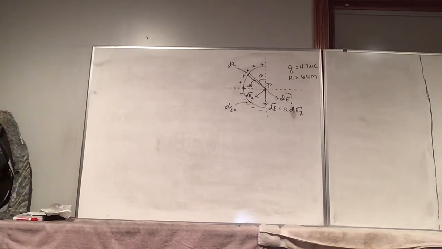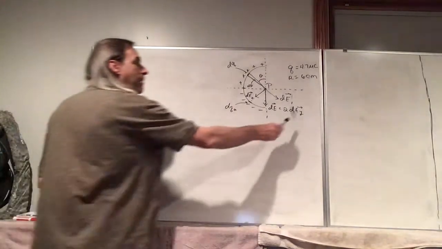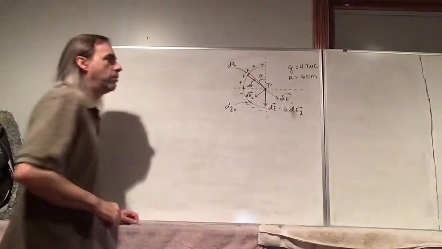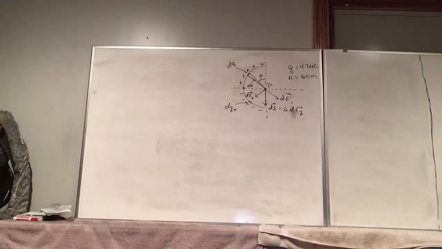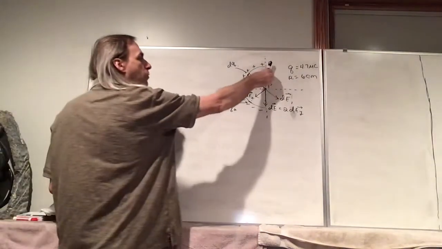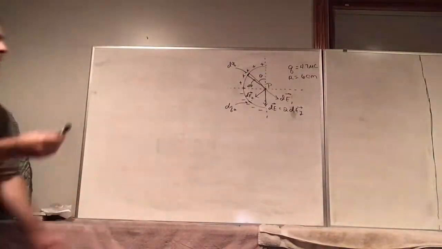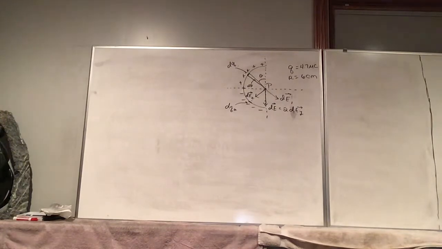So we get 2 times dEy, the y component of the electric field due to the positive charge at that angle. And so we'll just integrate over one quadrant, where we need to find the y component of the electric field, which will of course depend on the angle. Then we integrate over 90 degrees, and then we're good. So that'll be the plan.